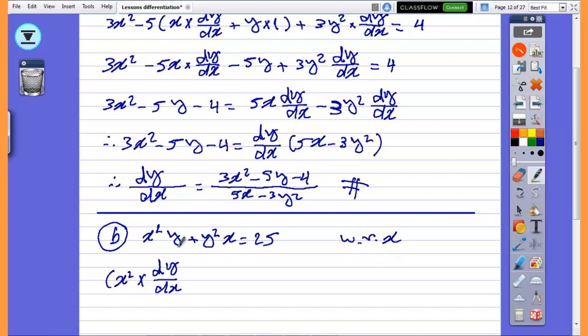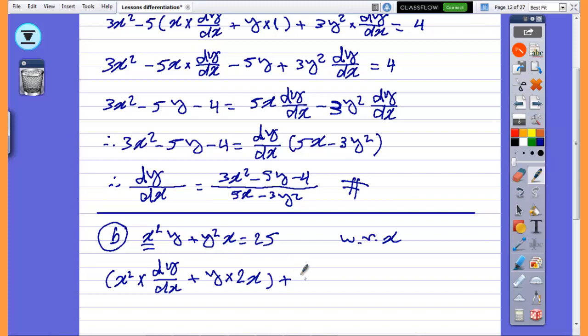So when you differentiate y, it will be dy dx, plus the second function multiply the derivative of the first. The derivative of x squared is 2x, plus, here also we have the product of two functions, y squared multiply x.